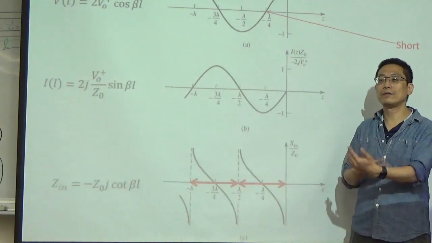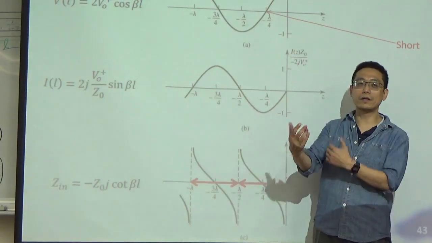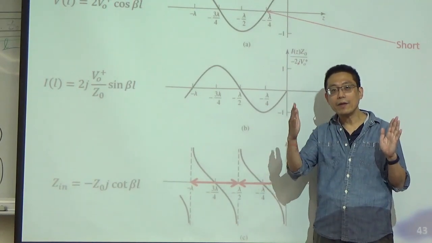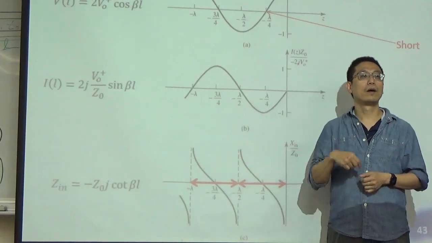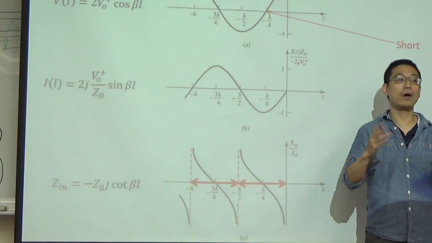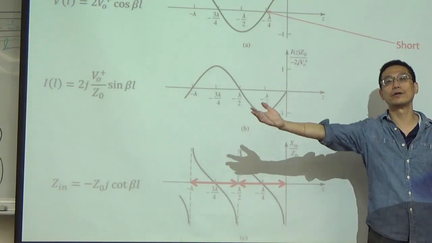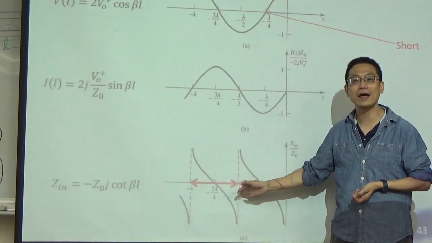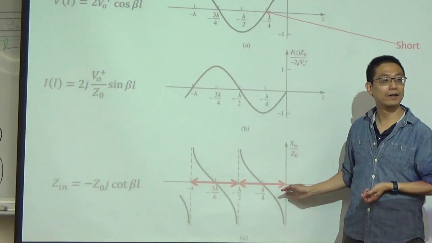So when you design a circuit, using a transmission line longer than half wavelength doesn't make sense because you are wasting your material, you are wasting your line, right? Because they come back to what it was at the beginning.